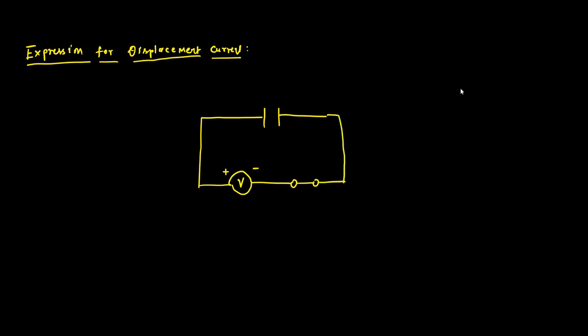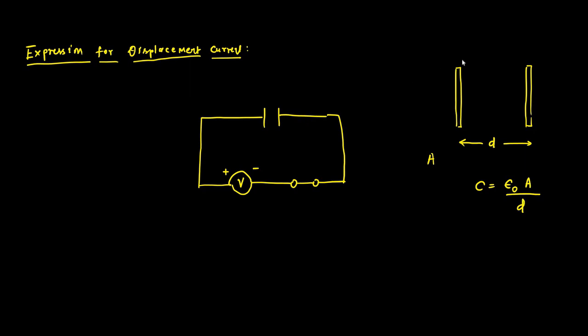Let's say the parallel plate capacitor consists of two plates with overlapping area A and separation distance d. So the capacitance of the parallel plate capacitor is C equals epsilon 0 A by d. That is the expression for capacitance of a parallel plate capacitor.